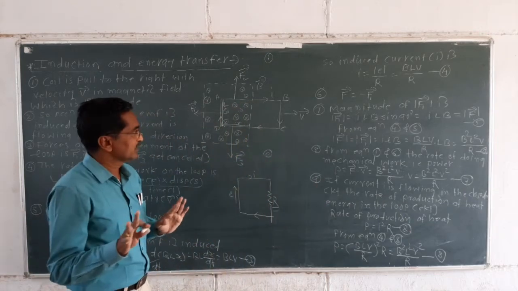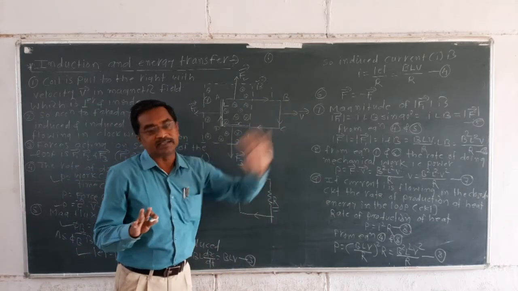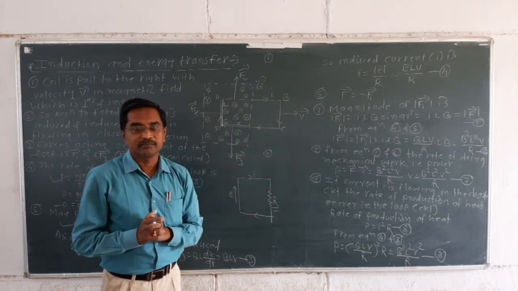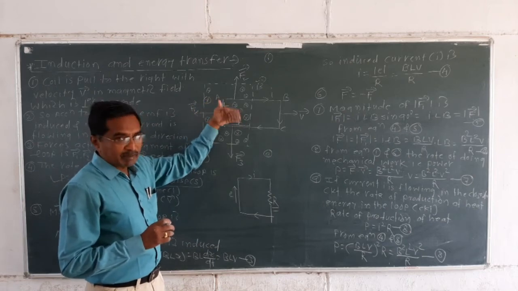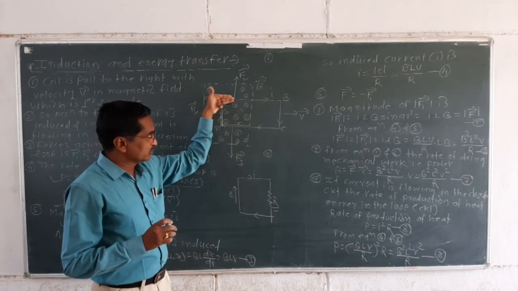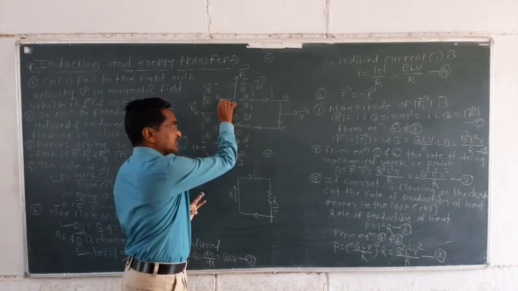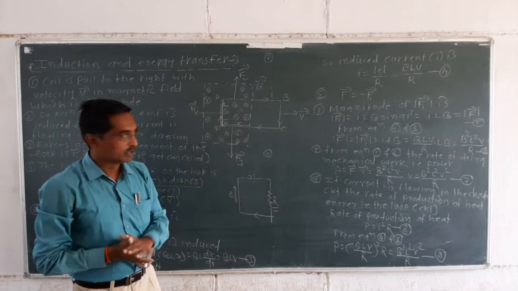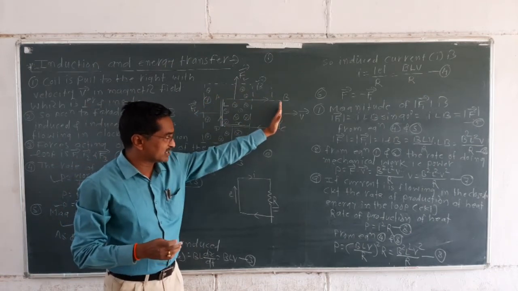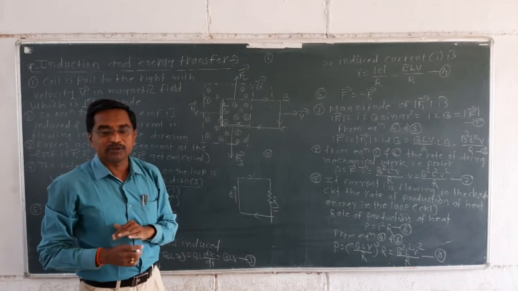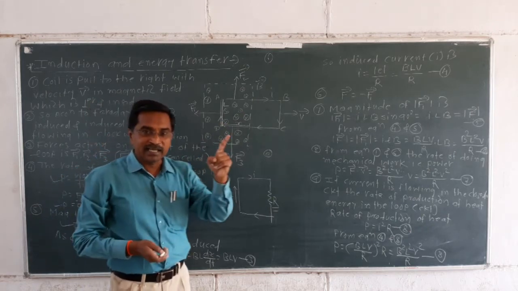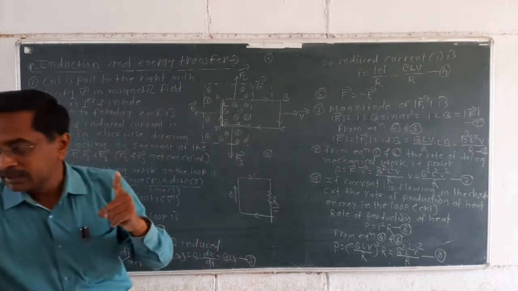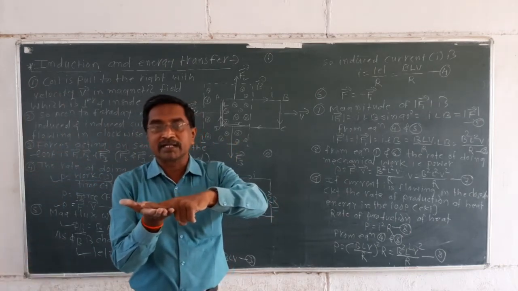Now see. When this coil is pulled towards the right by applying an external force with our hand, the EMF is induced and the induced current flows here. The current flows through this segment, this segment, this segment, and this segment of the loop. So this is a current carrying conductor, and this one is also a current carrying conductor. Suppose this is the magnetic field; this current carrying conductor is perpendicular to the direction of the magnetic field.